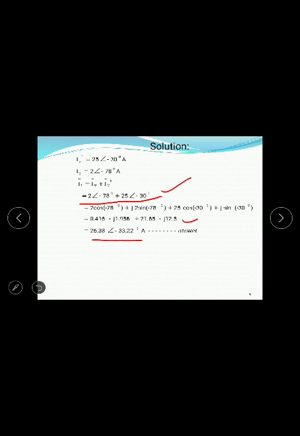That is equal to 0.416 minus j 1.956 plus 21.65 minus j 12.5. Here the 0.416 and 21.65 are added, so we get 22 point something, and minus j 1.956 and minus j 12.5 will give approximately 14 point something.